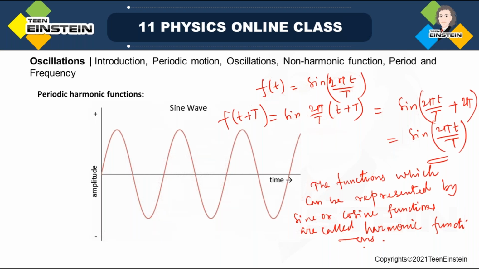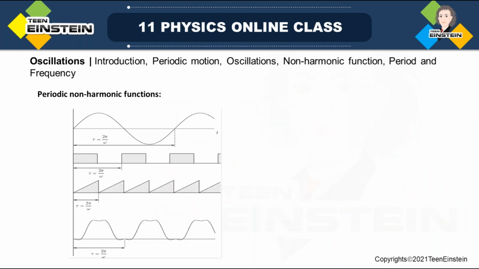Now all harmonic functions are necessarily periodic, but all periodic functions are not harmonic. The periodic functions which cannot be represented by a single sine or cosine function, see here I have shown you some periodic but non-harmonic functions.